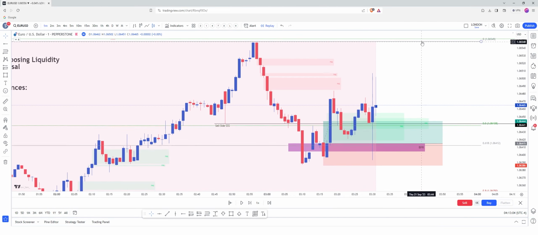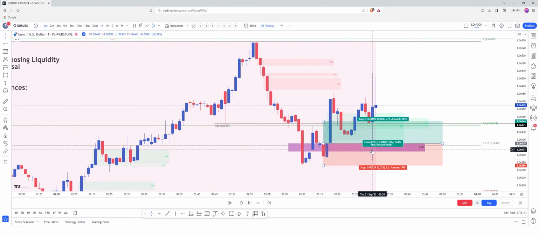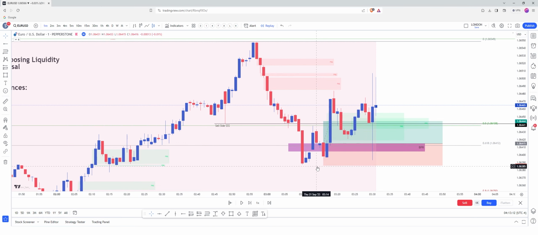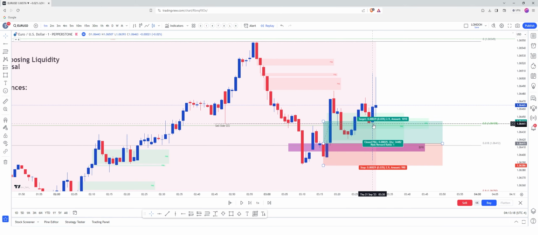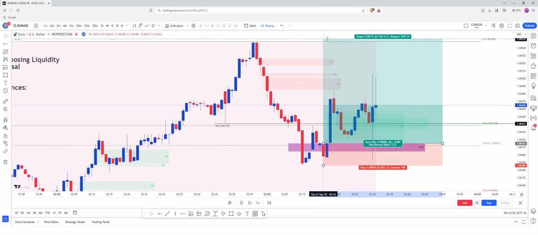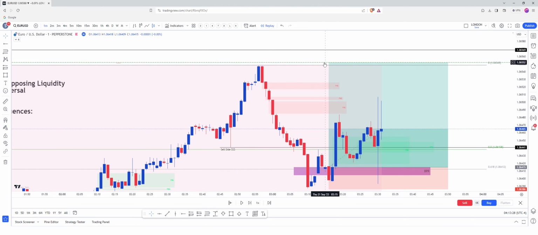And then price is going to continue to take out these highs. So with the 1-to-1 strategy, by taking 50% of the trade off at 1-to-1, but not touching the stop loss, our initial trade idea is okay. We don't have to get worried about a winner turning into a loser because we have made ourselves risk-free, and then we can continue to target the highs, which is what we were doing.